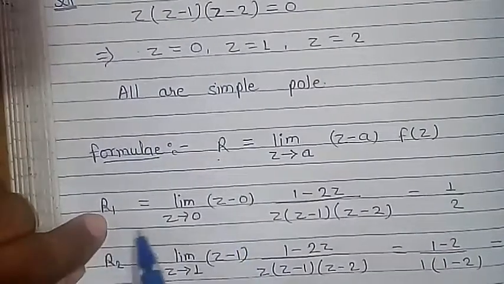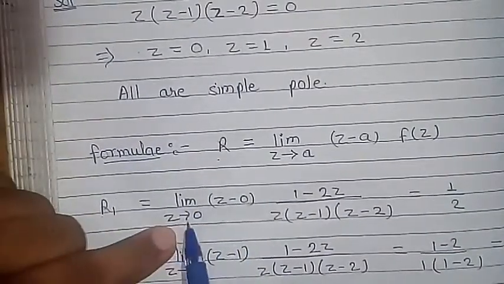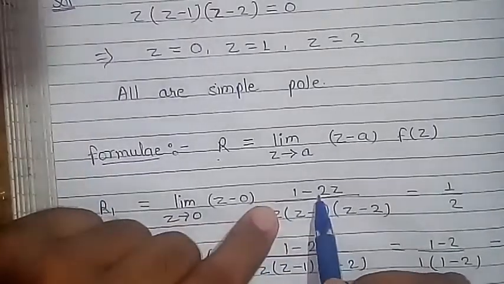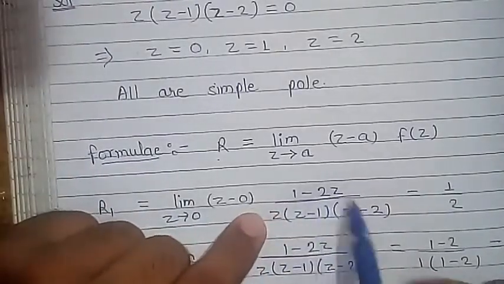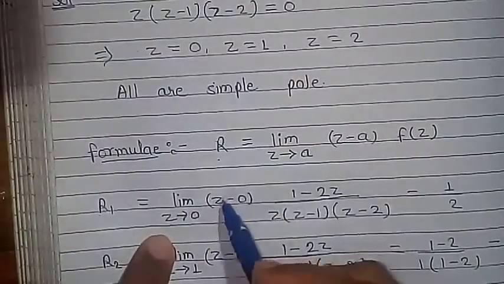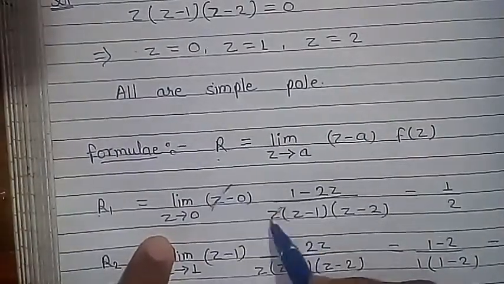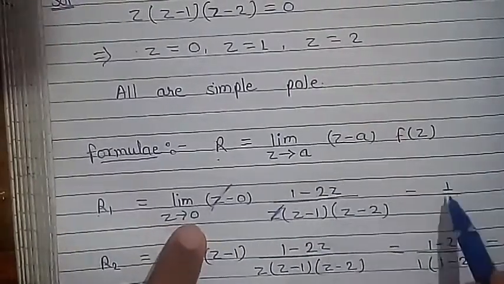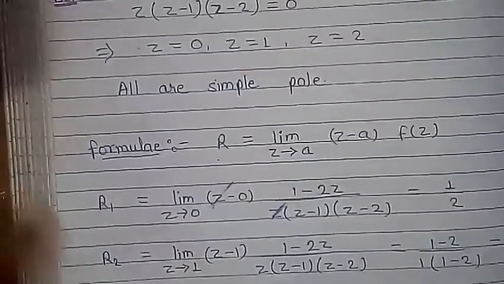So the first residue r1 is equal to limit z tends to 0 of (z minus 0) into the given function as it is. This z cancels. Now put z equal to 0, then we get 1 by 2.